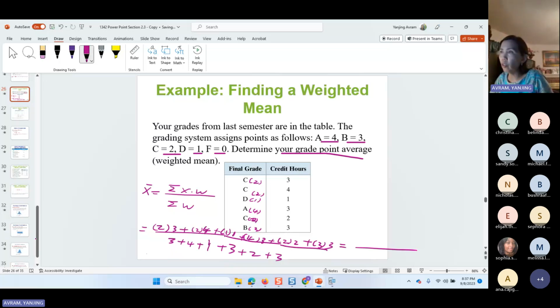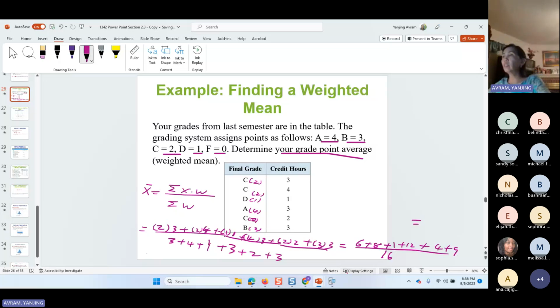So the total credit hour is the weight, right? So we have 7, 8, 11, 13, 16 credit hours. And then 2 times 3 will be 6 plus 8 plus 1 plus 12 plus 4 plus 9.